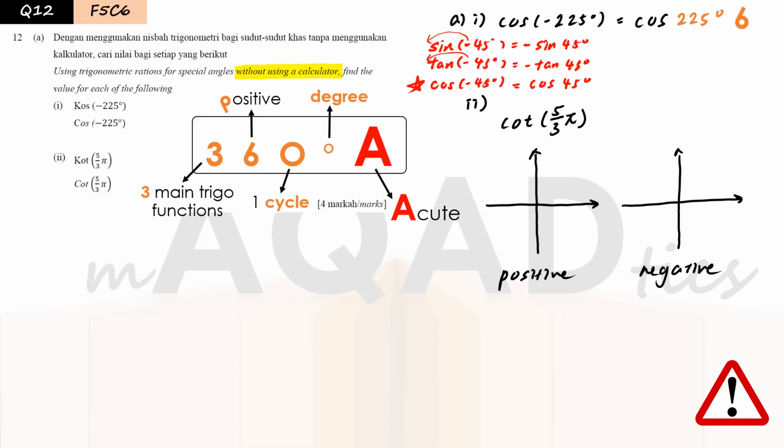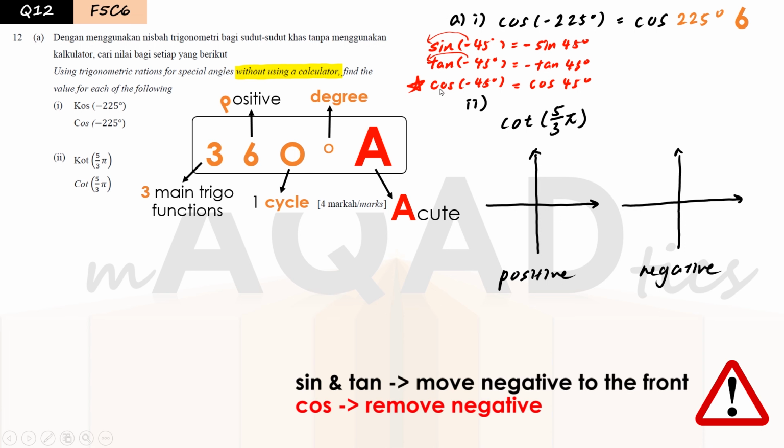Before we go to the next part, I just want to explain why cos is the only function where, when there are negative angles, the negative will suddenly disappear. Let us focus on these 2 graphs.